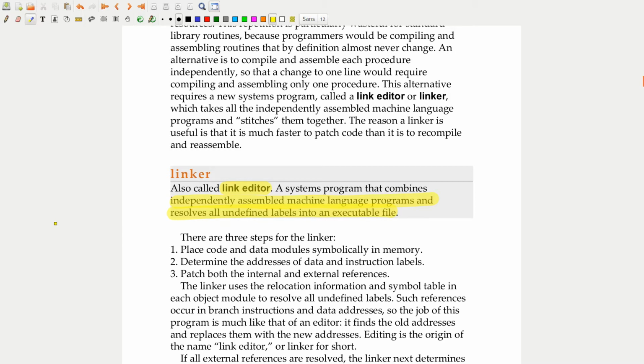A lot of times people say GCC is a compiler. GCC isn't just a compiler. GCC is a lot of things. It's your compiler, it's your linker. It's an entire package.